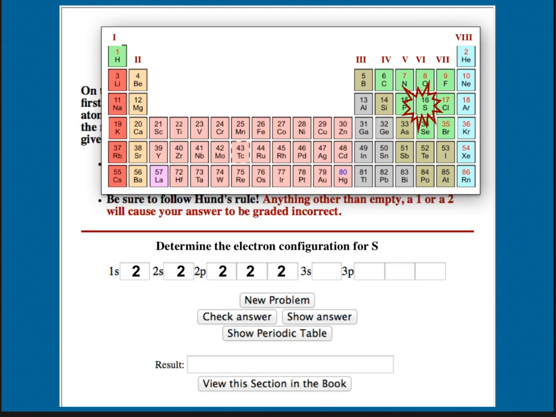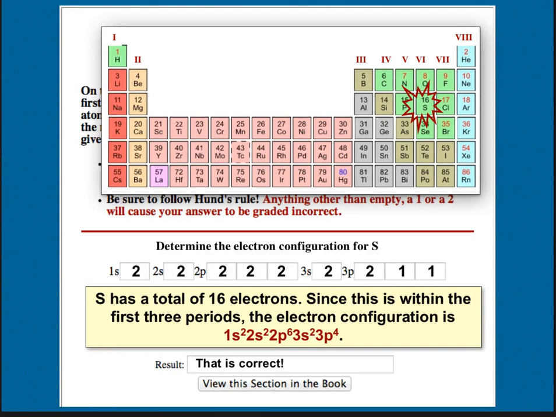Finally, the 3rd period. Here we are. 2 electrons in the 3s. Now, we have a total of 1, 2, 3, 4 electrons to deal with, right? We're going to put them in one at a time first. And now we have 1 extra electron, so we'll pair this guy up and make it a 2. And we got it right.